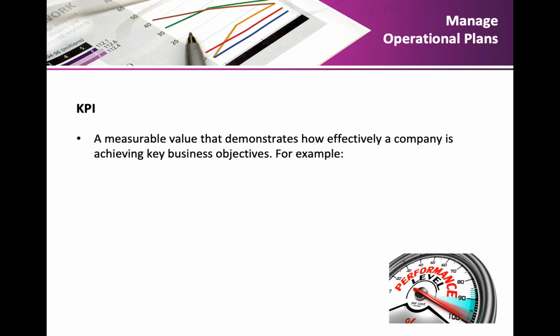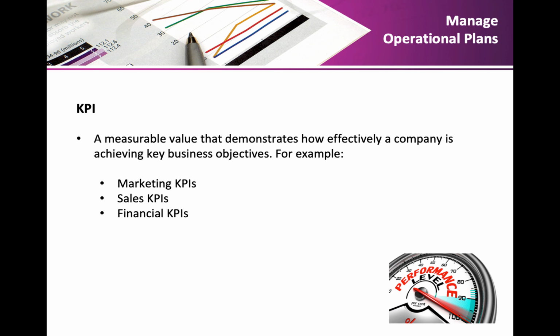Whenever we talk about KRAs, another abbreviation jumps in, which is KPI. KPI means Key Performance Indicator. It is a measurable value that demonstrates how effectively a company is achieving key business objectives. There could be marketing KPIs, sales KPIs, financial KPIs, customer satisfaction KPIs, could be anything.